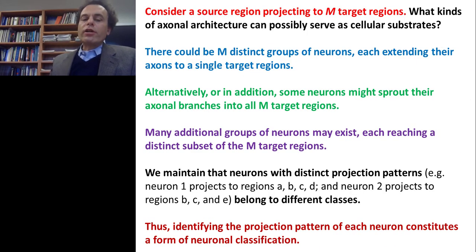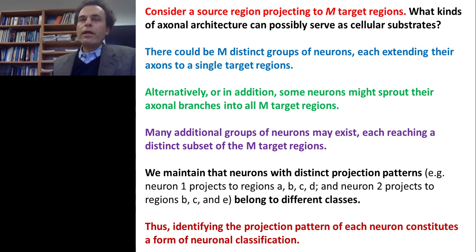So what kind of axonal architecture at the single neuron level can subserve microscopically the macrostate of these regional connections? There could be one neuron type for each target region. So every neuron type might project to a single region, and with M target regions, there might be M neuron types. One could also envision a single neuron type that routes axons connecting to all M target regions.